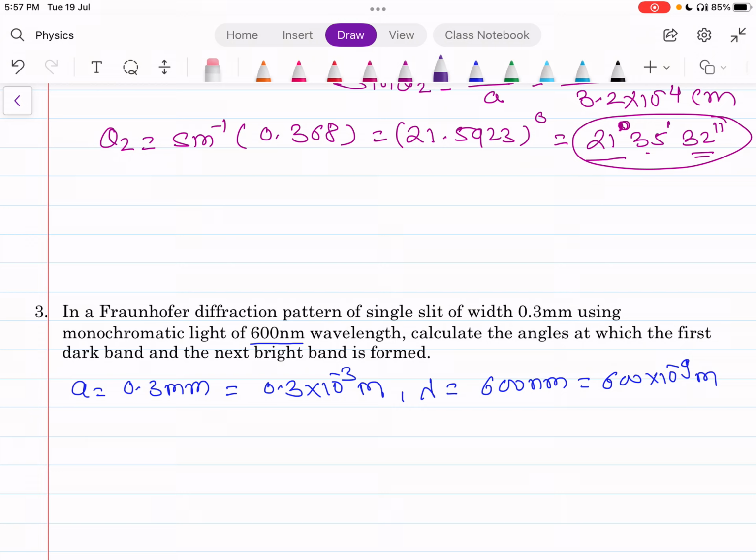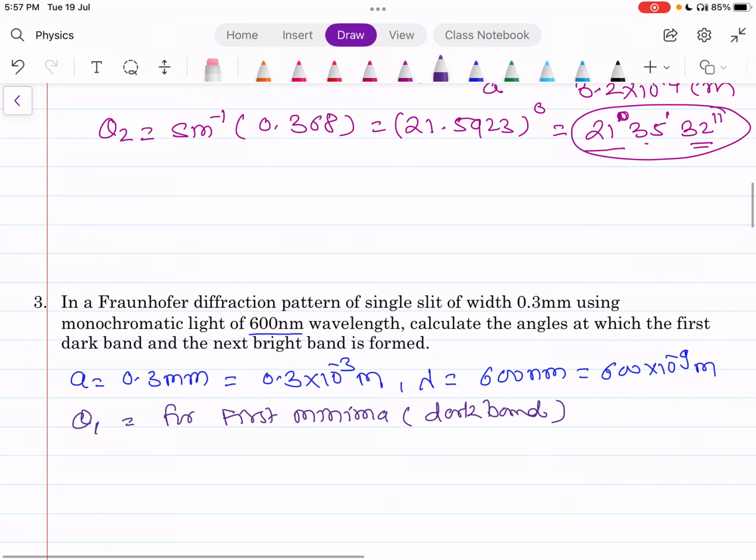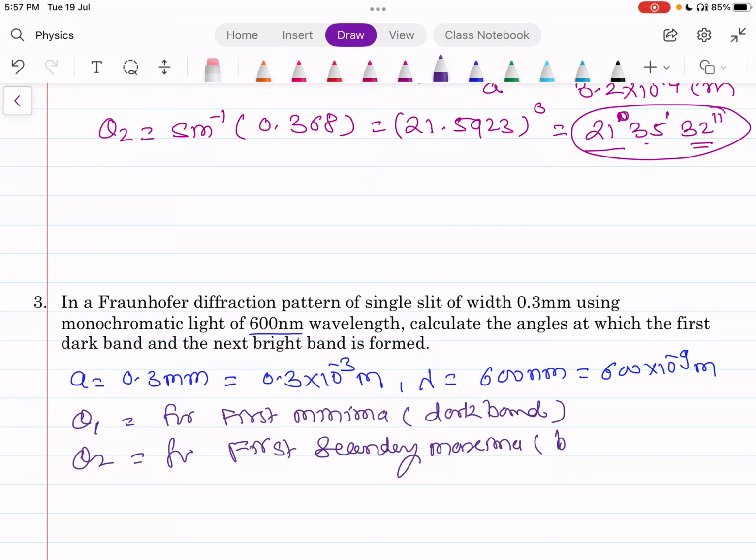So we have to find theta 1, let's say, for the first minima, that is the first dark band, and we have to find theta 2 for the first secondary maxima, that is the bright band. So this is what we have to find.